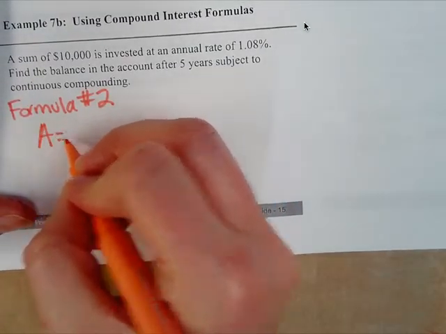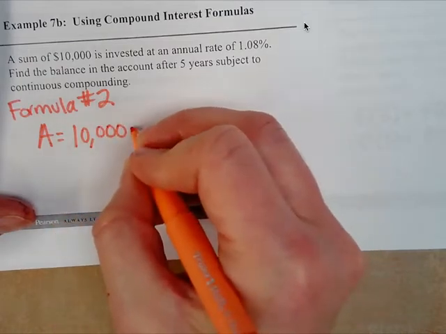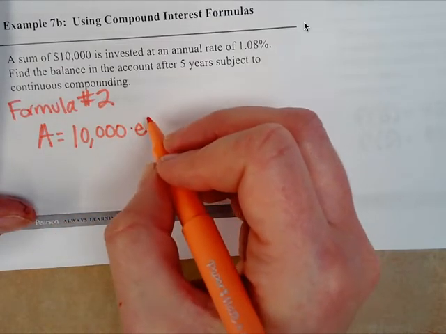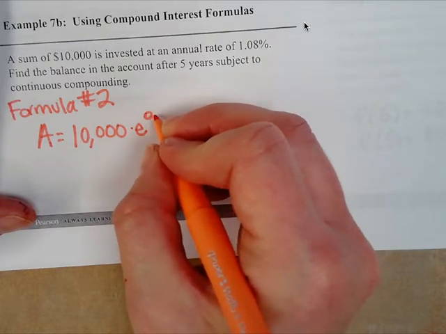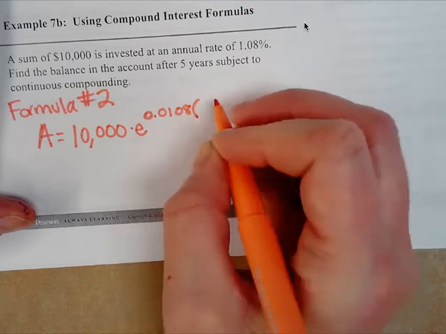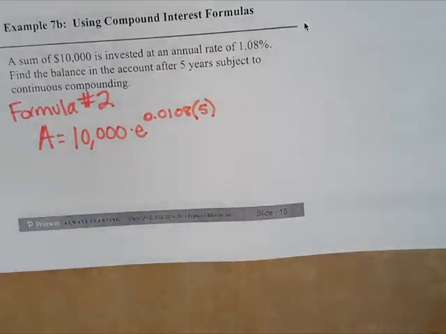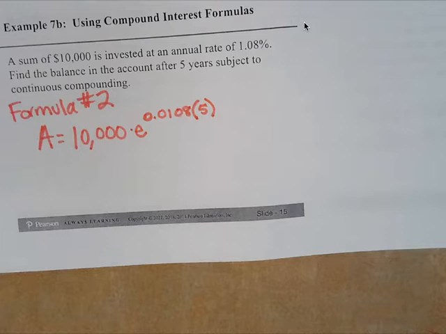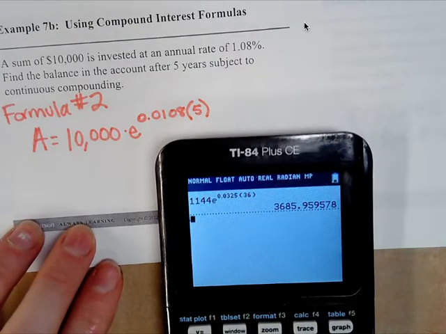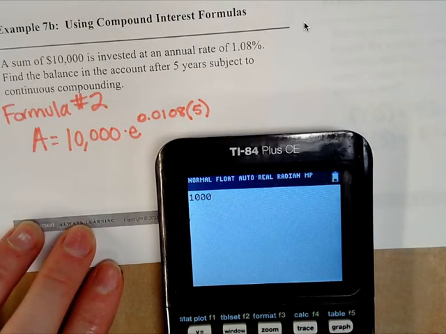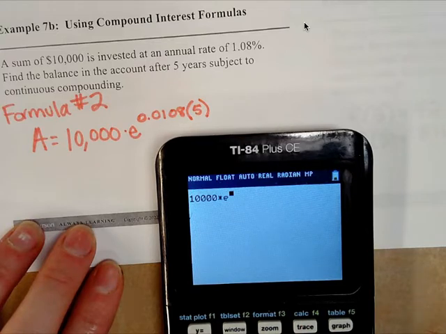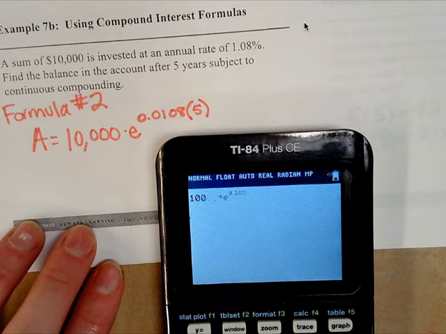So A equals 10,000 times e to the R times T, so T is 5 years. What is e? e is your exponential natural base, it's called. We're going to get into it further Tuesday and Wednesday.